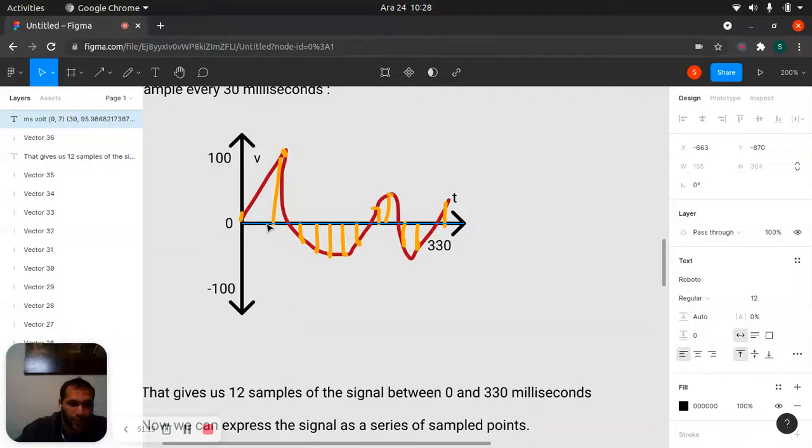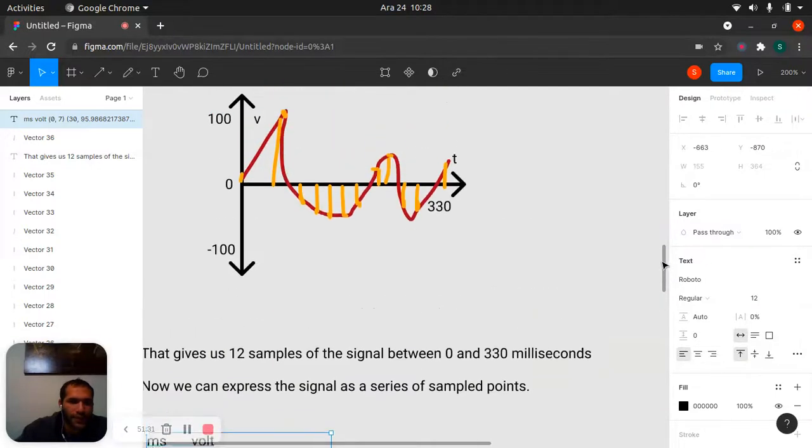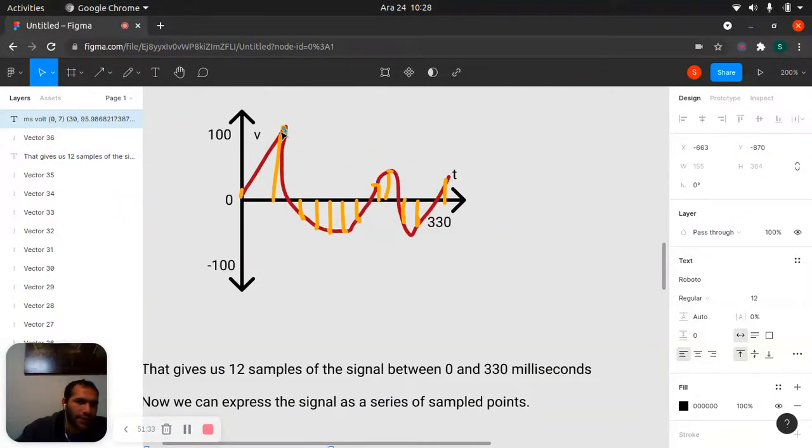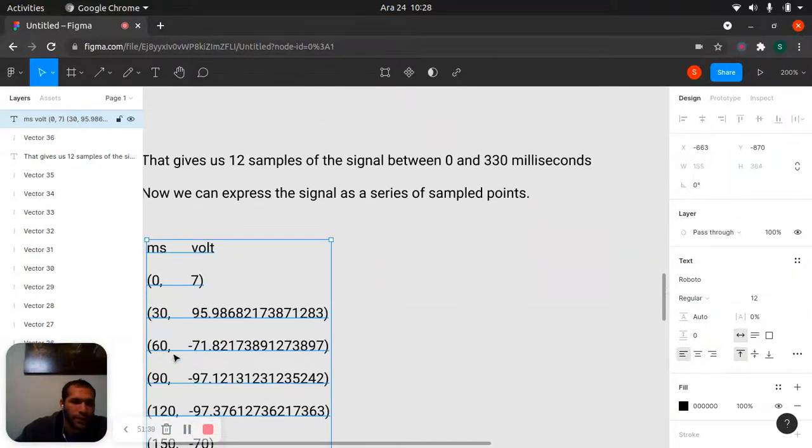This point is 30, this point 60, 90, 120, 150, and it's all the way going like that. Okay, this one is representing what? Representing 95. Look at that, this place is 95, and the other one is 90 milliseconds representing there.